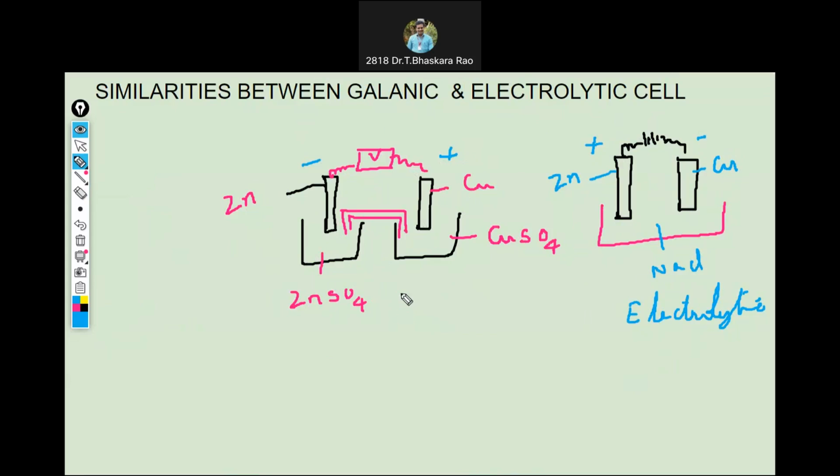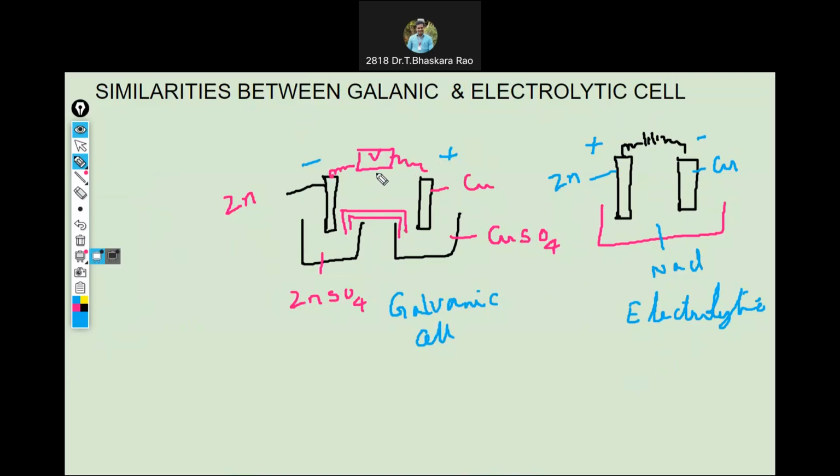In the galvanic cell, the anode has a negative sign and the cathode has a positive sign. This is the galvanic cell. This is the electrolytic cell. Whereas in the electrolytic cell, anode and cathode are both dipped in the same electrolyte, and the anode is the positive charge and the cathode is the negative charge. Opposite charges, you can observe here.